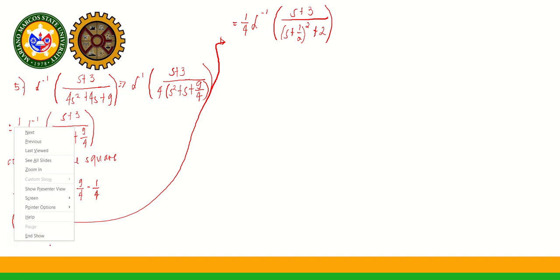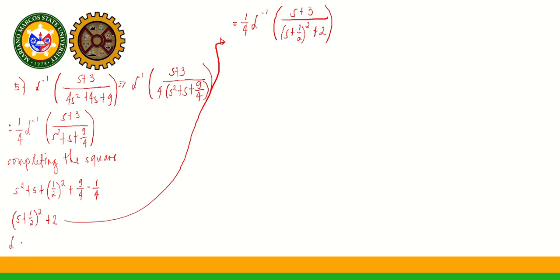The Laplace of e raised to at sine bt is equal to b over s minus a quantity squared plus b squared.